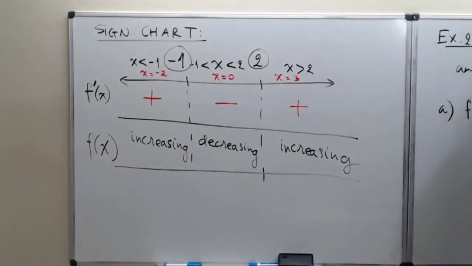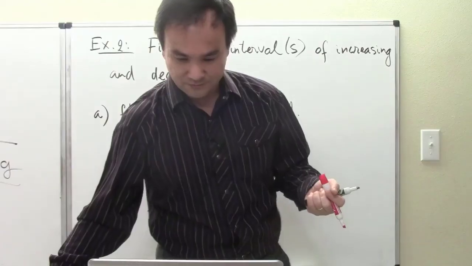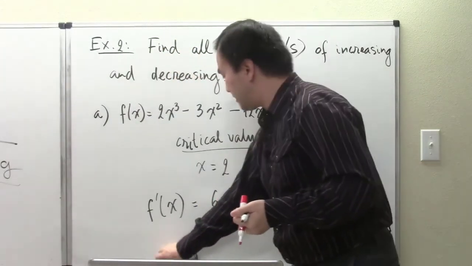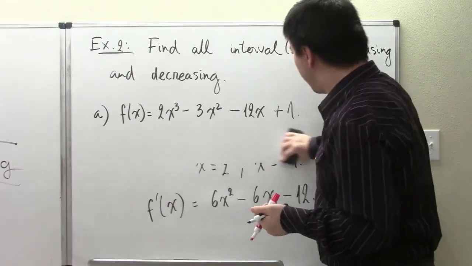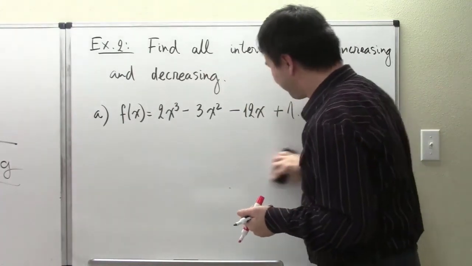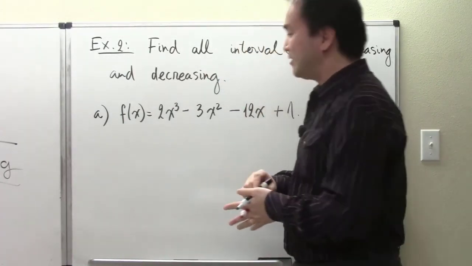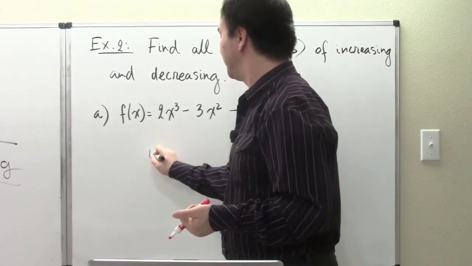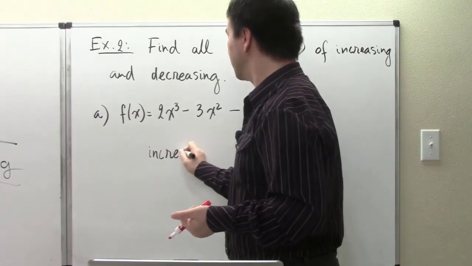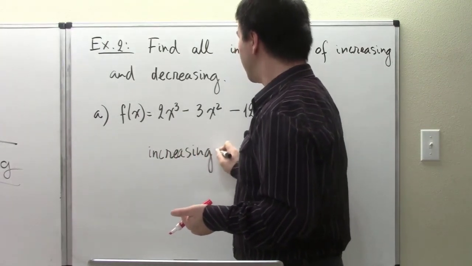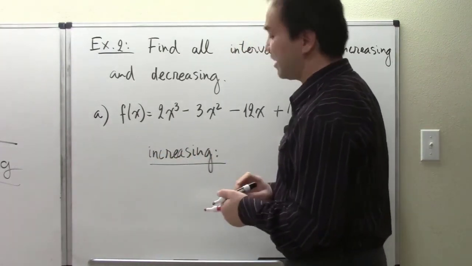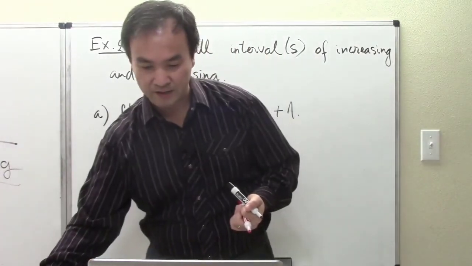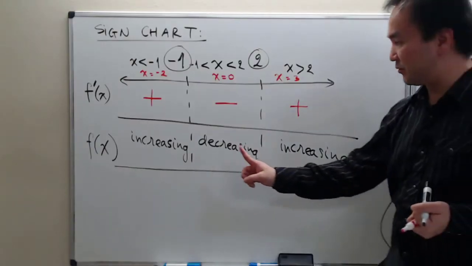All right, so now I'm going to take some time to erase part of this work right here. As far as increasing intervals, we have 2 intervals. Quickly, let's swing back at what we've seen earlier.